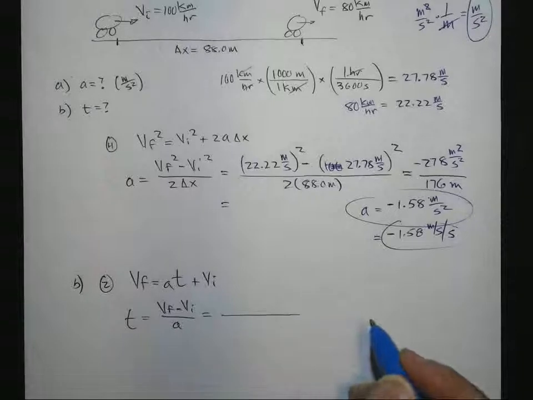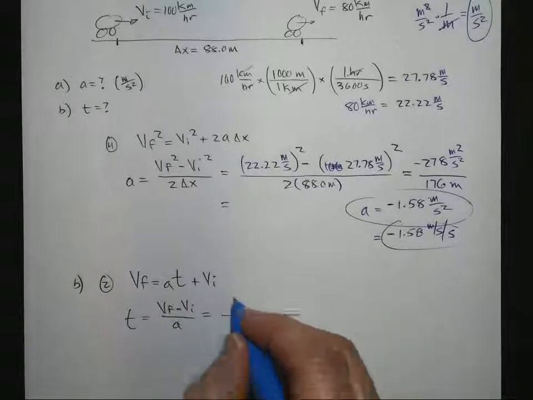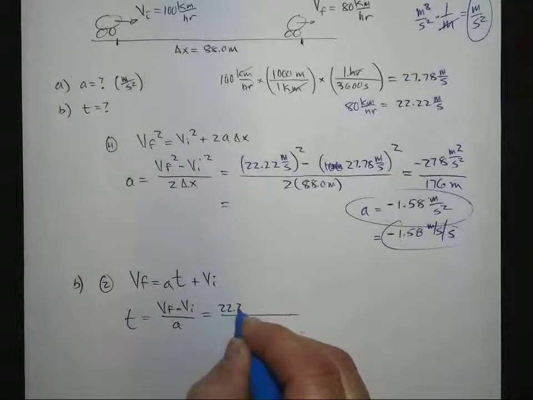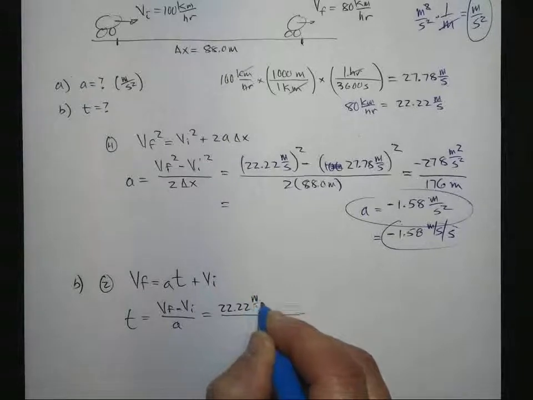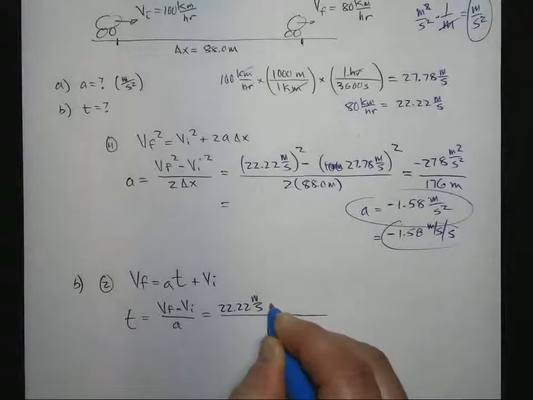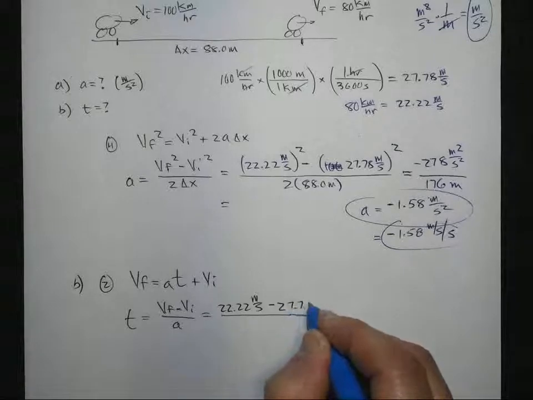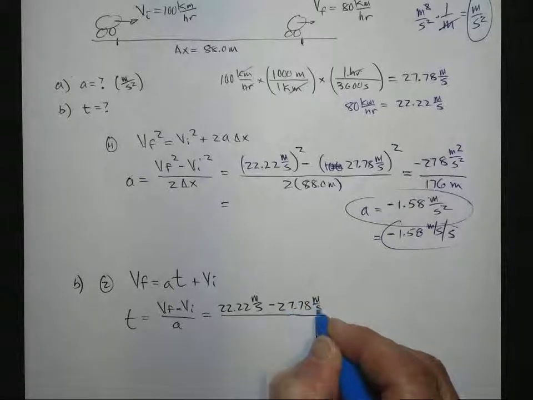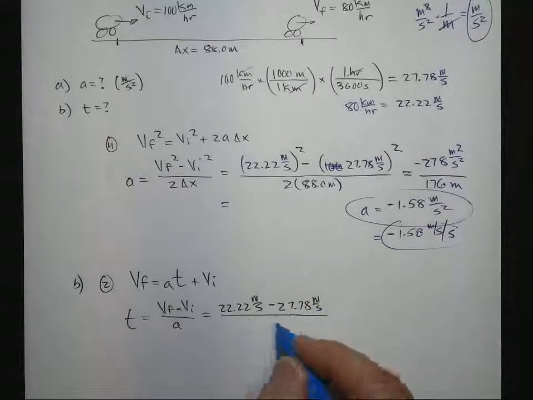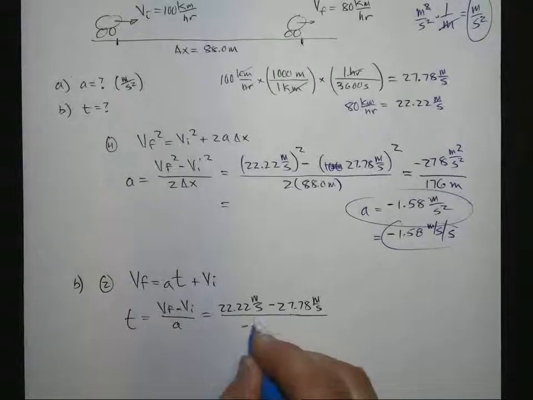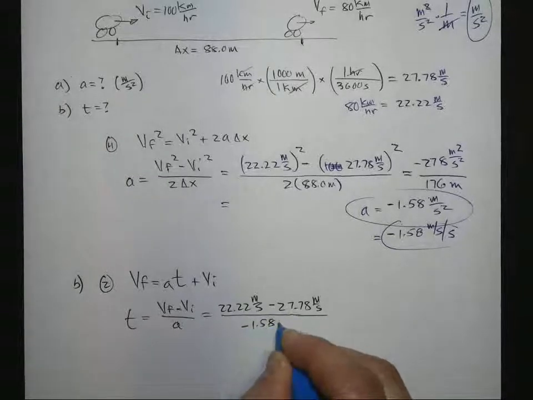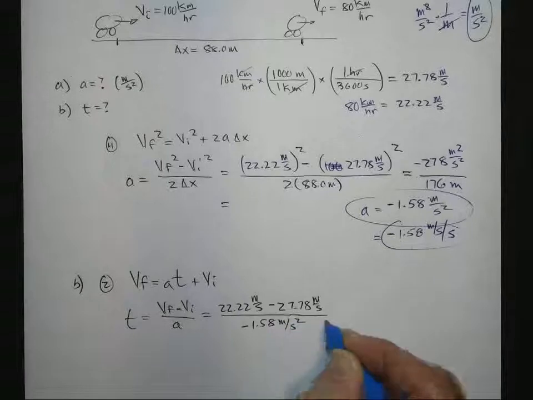Let's do the numbers. The final velocity, once again, this is 22.22 meters per second minus the initial velocity, which is 27.78 meters per second, divided by our newly found acceleration, which is minus 1.58 meter per second squared.